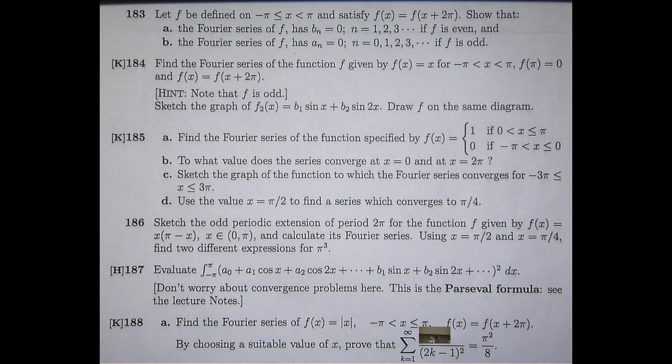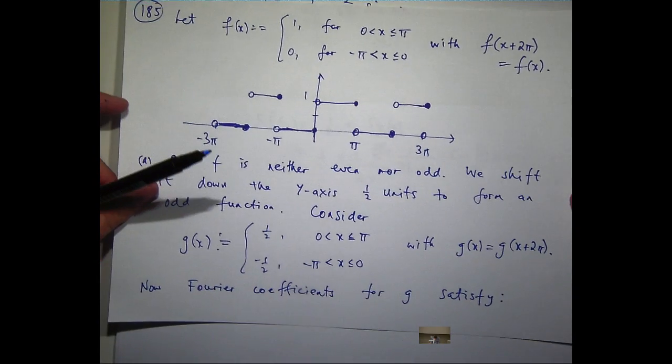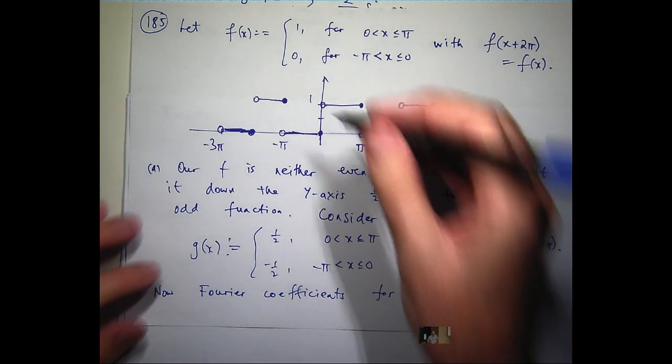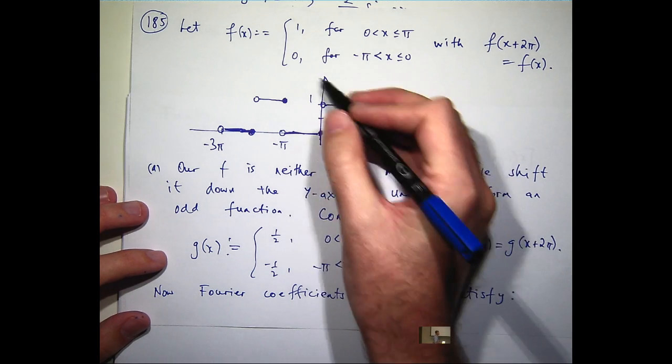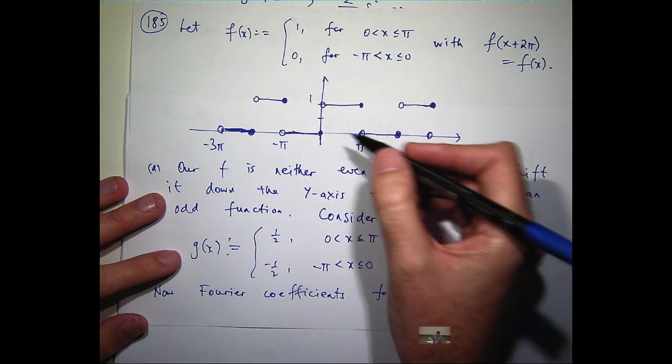To what value does the series converge at the point x equals 0 and the point x equals 2 pi? Well, let's go and have a look at our graph. At x equals 0, so this is the graph of f here. Is the function f continuous at x equals 0? Yes or no?